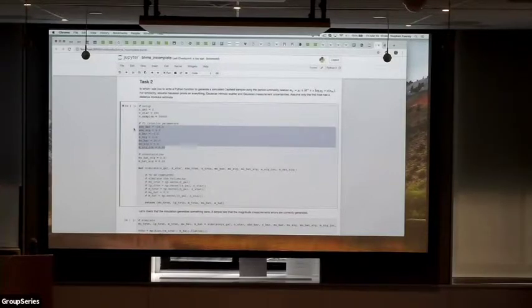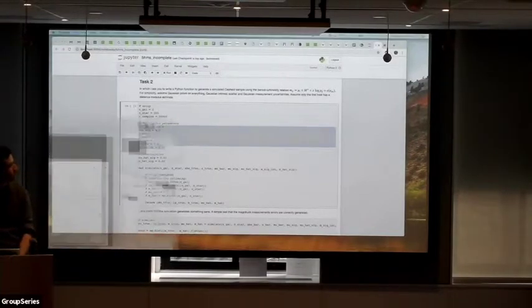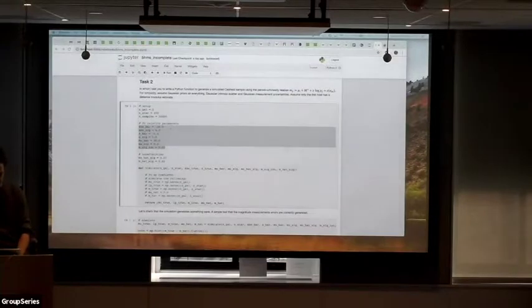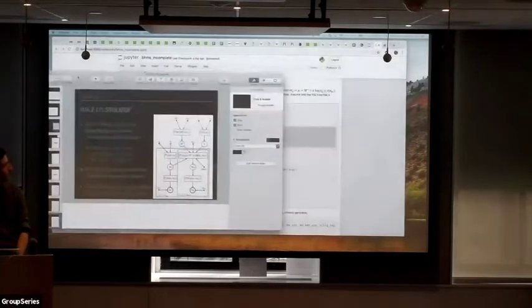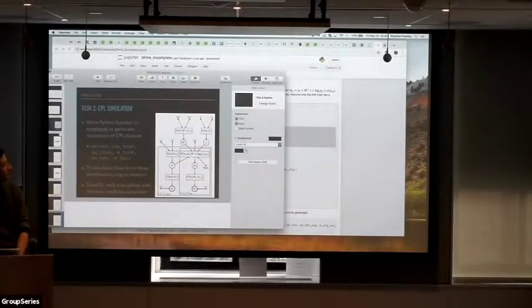Tell me if you don't want to do this, but I think it's useful to show how you can translate this diagram into a simulation.